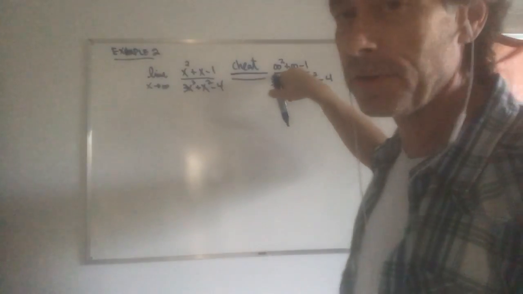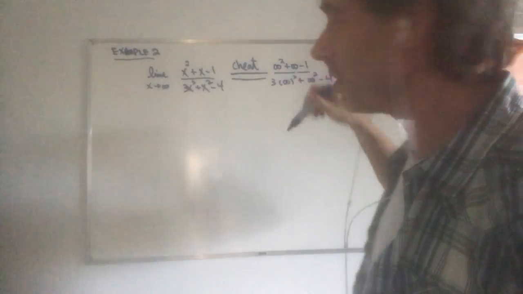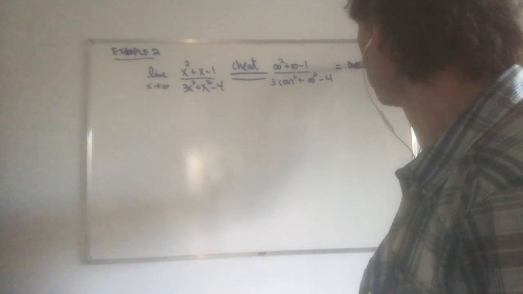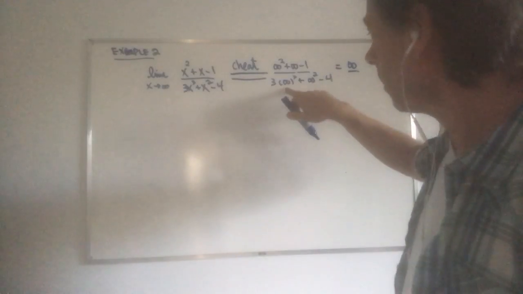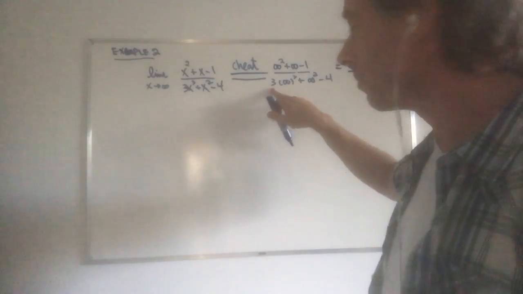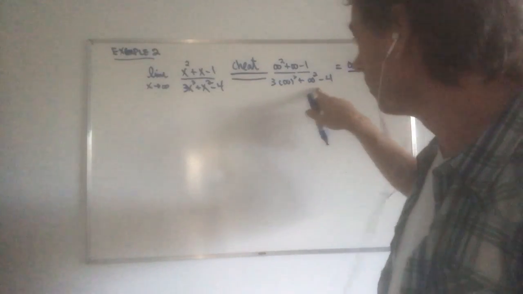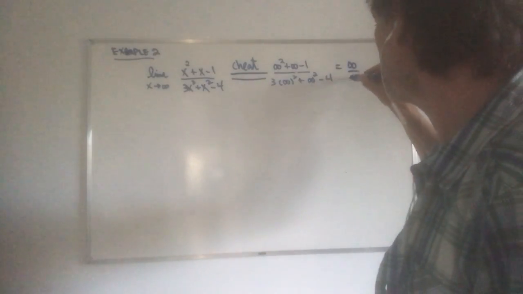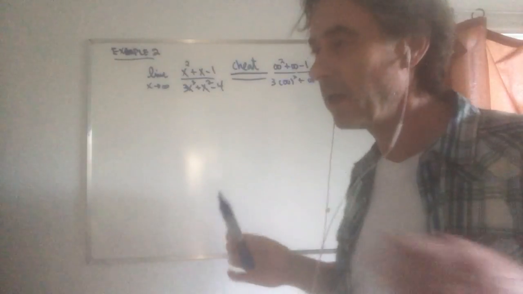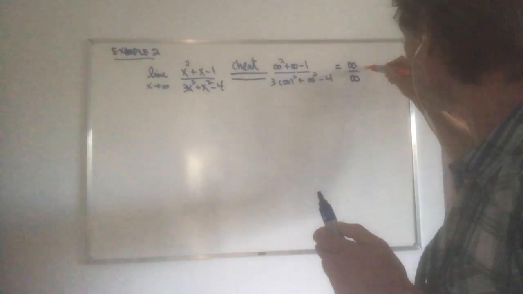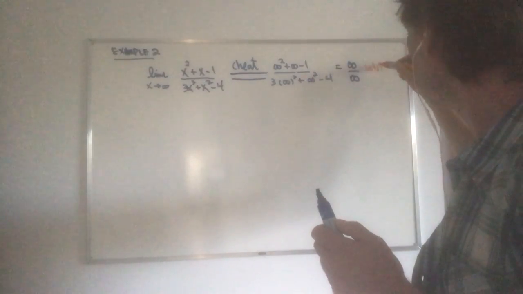The largest number plus the largest number is the largest number. The largest number minus 1 is the largest number. The largest number cubed is the largest number, times 3 is the largest number. The largest number plus the largest number squared is the largest number, minus 4 is infinity.